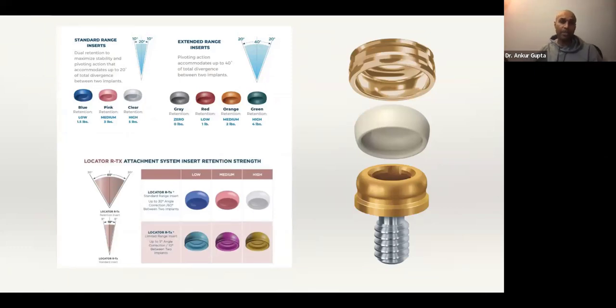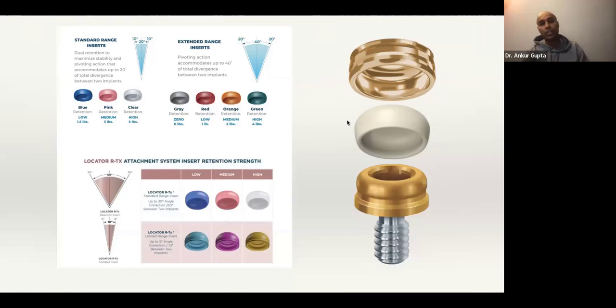The three that you see on the left side of your screen, the blue, pink, and clear, are the most common for the most simple cases. But if you have diverging implants, etc., you're going to need some diversity in the retention caps that are available. And Zest is actually a wonderful resource for cases like that.